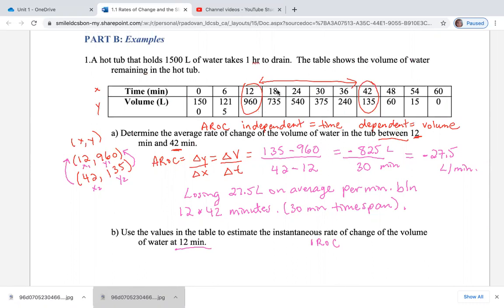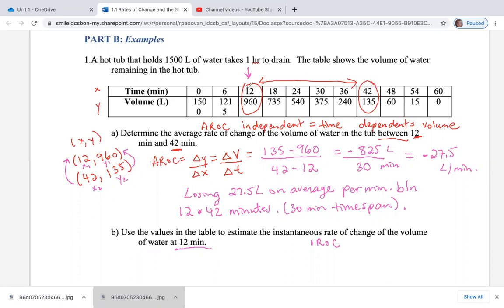So if I'm looking at 12 minutes here, let me use a different color, pink, 12 minutes here. What I would really like to have is a value right beside the 12. So at 12.00001 minutes, I would like to have the volume number there.